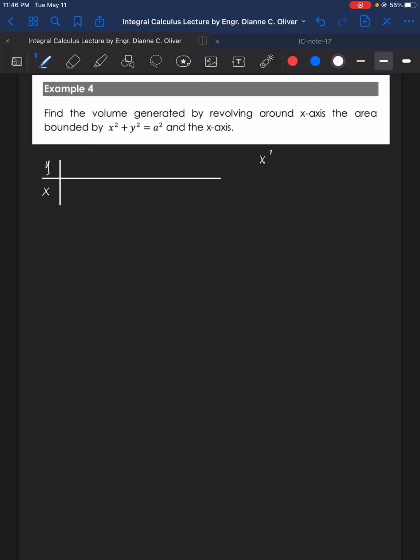Then using x squared equals a squared minus y squared, if y is equal to 0, then x will become positive or negative a. If x is equal to 0, therefore y is positive or negative a. Okay, so let's try to sketch that.